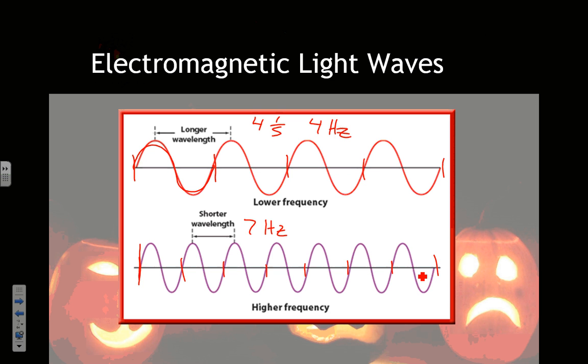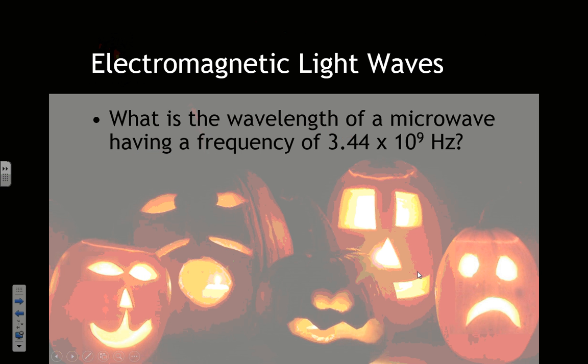This would be the length of a wave from here to here, which is easier measured from crest to crest. And then on top, that's my crest to crest wavelength. Notice that even though the one on top had a longer wavelength, it had a smaller frequency. And the one on the bottom had a smaller wavelength, but it had a larger frequency. Well, remember, we just said a second ago that these two things are inversely proportional. So this is exactly what I would expect to see. As my wavelength is getting shorter, my frequency should be getting bigger.